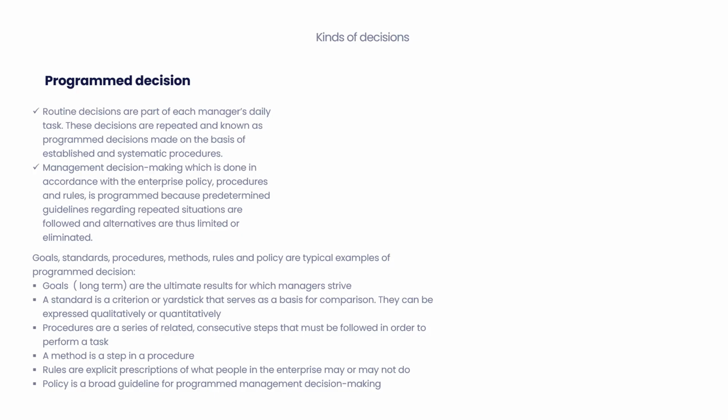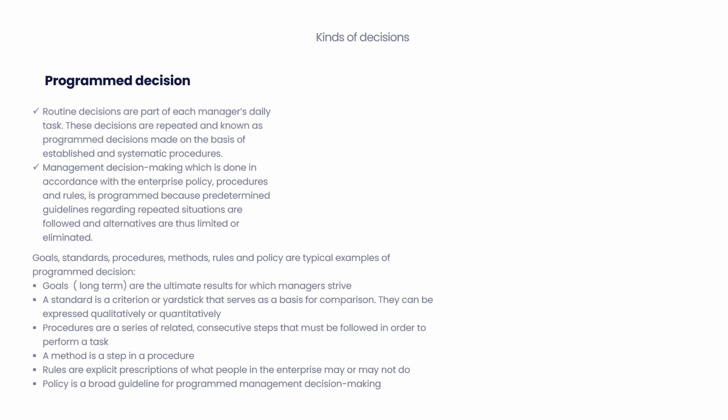Procedures are a series of related consecutive steps that must be followed in order to perform a task. So if there is a problem in terms of procedure, it's easier to make decisions because we know the sequence of the activities in this procedure. A method is a step in a procedure.